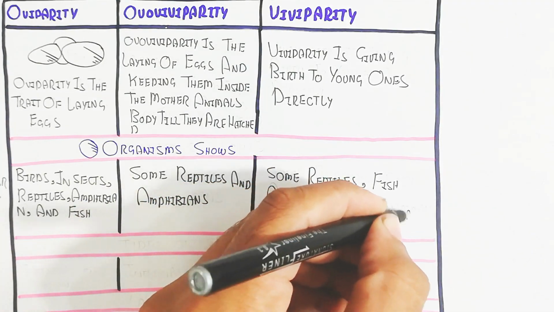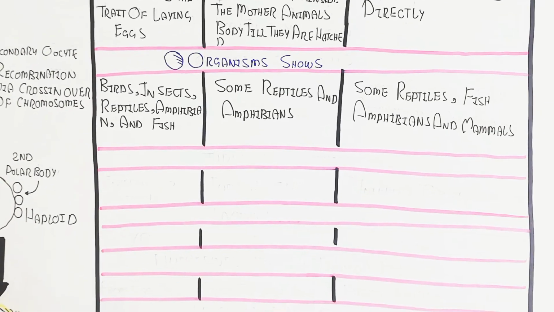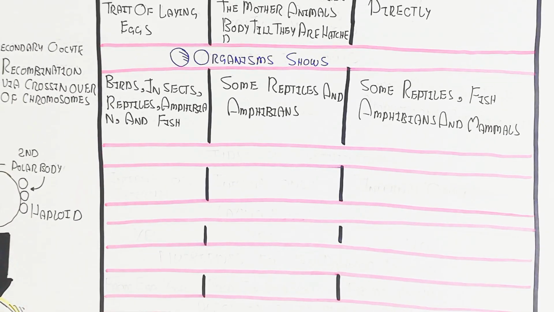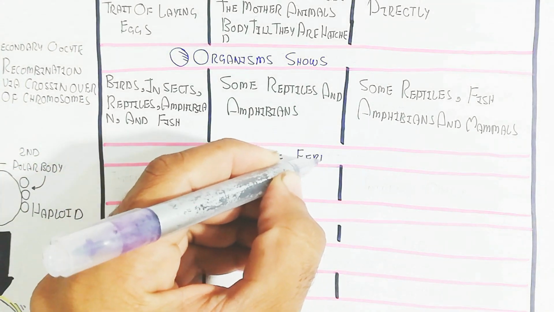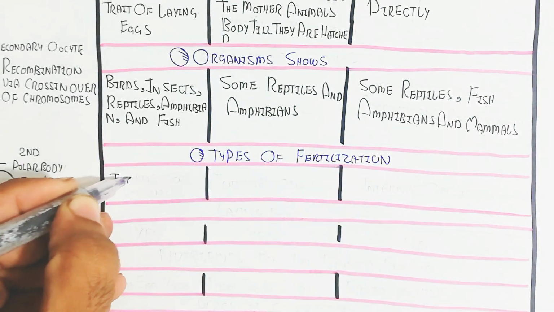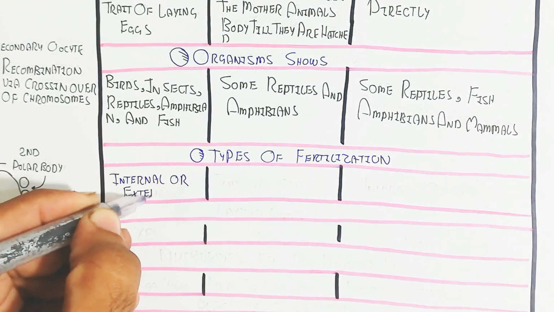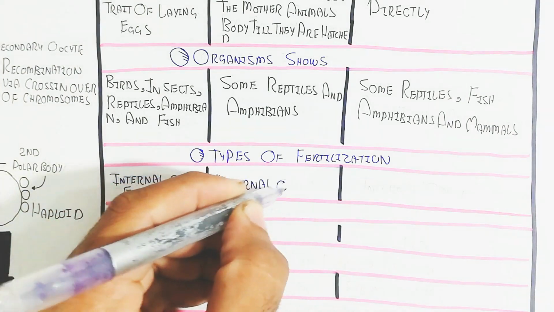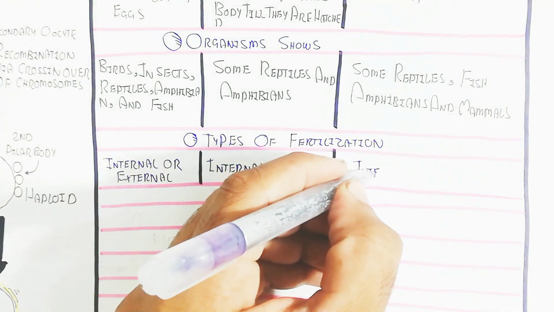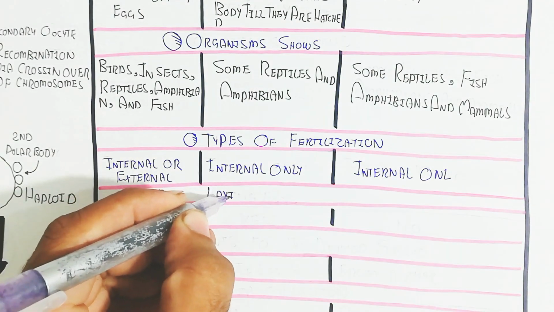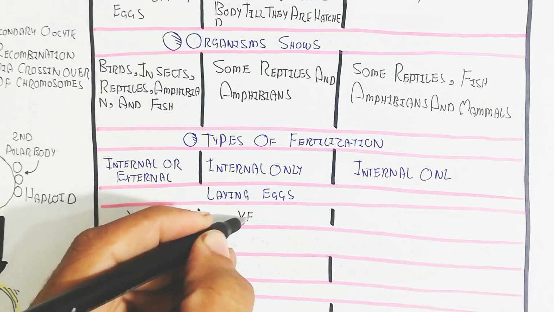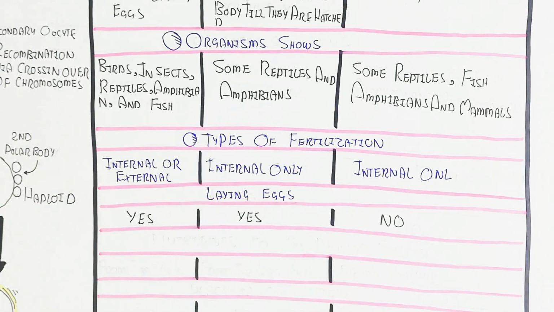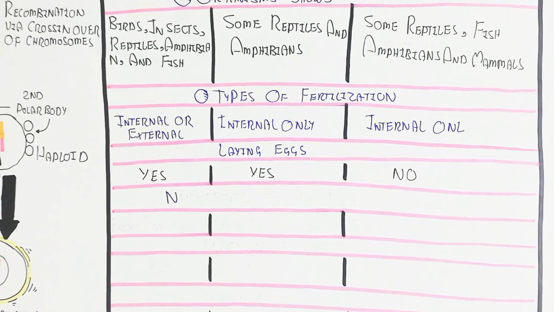Some reptiles, fish, amphibians and mammals show viviparity, like the duck-billed platypus in the water, which is a mammal. As for the type of fertilization, it is internal or external in oviparity, while ovoviviparity is internal only, and viviparity respectively. Laying eggs is present in oviparity and ovoviviparity, but not in viviparity.